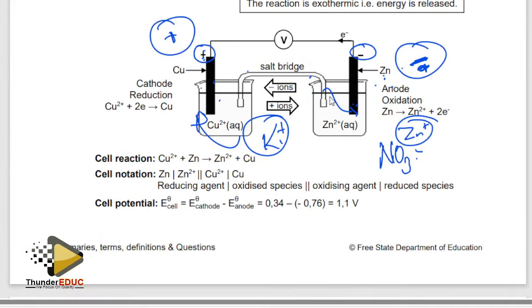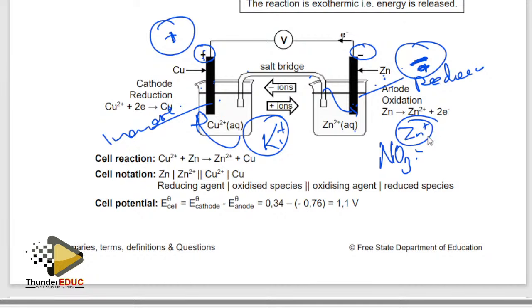Yes, but now, this one is dissolving into ions, so it means that this one is going to reduce in size, while this one is going to increase in size. Yes, you understand?